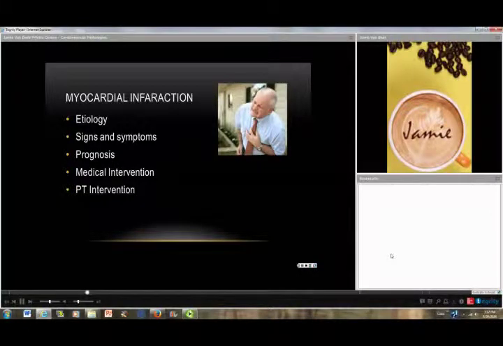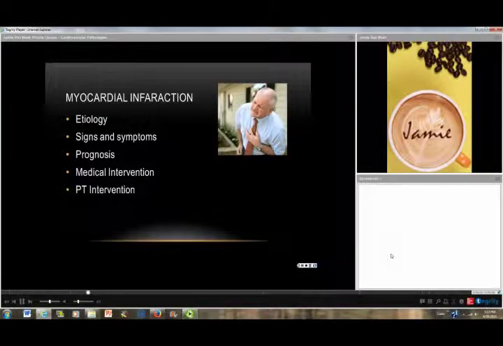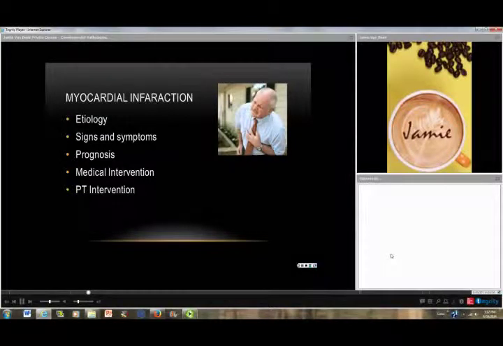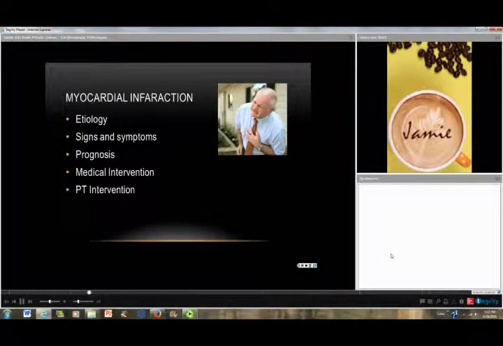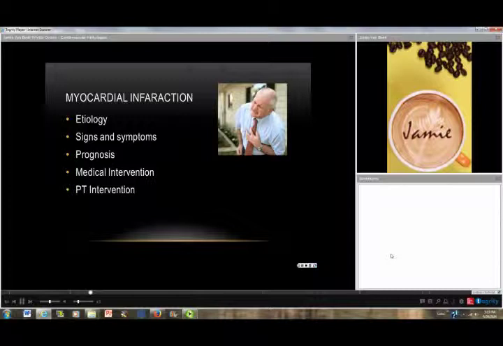Heart attacks. What can I say about a heart attack as a PTA? Well, I can tell you a story. It's one of those stories that I'll never forget as a therapist. I hadn't been a PTA for very long, and I was working in a skilled nursing facility, and this gentleman that I was working with was adorable.